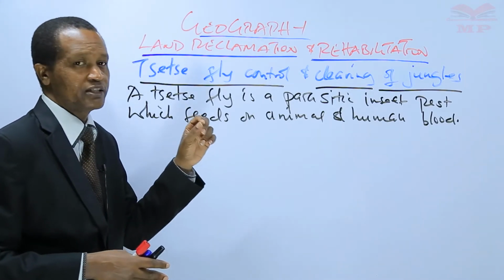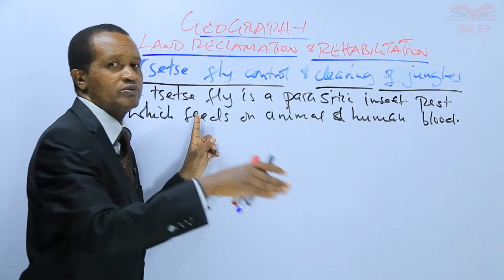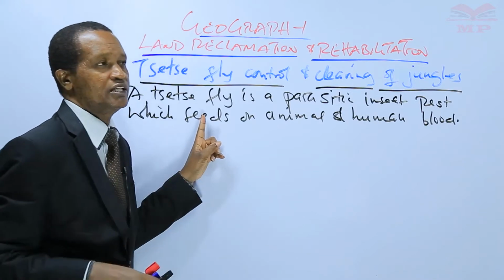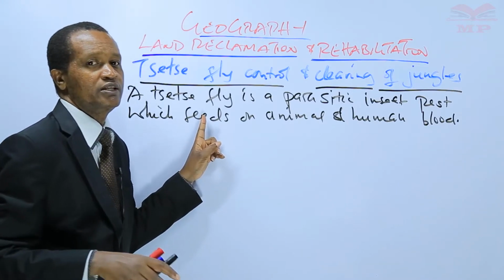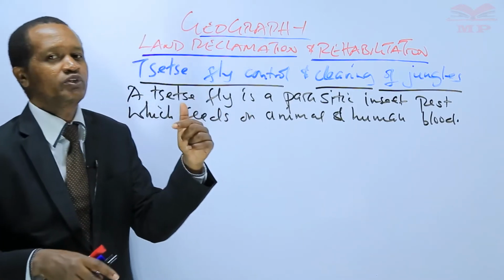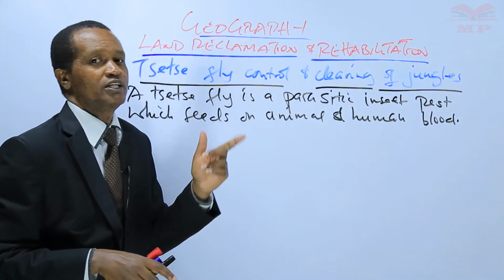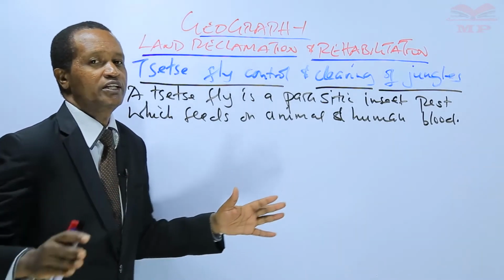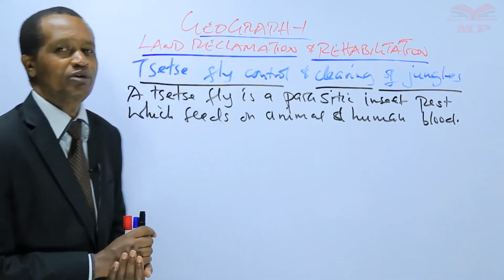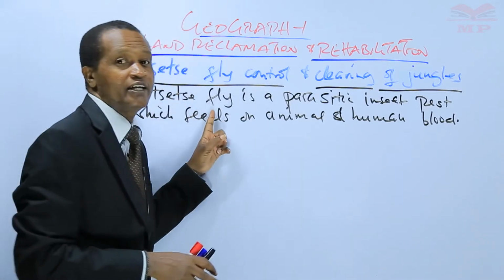And some years back, there was a project of controlling this insect in that region that was undertaken by ICIPE. ICIPE, learners, is an abbreviation for the International Centre of Insect Physiology and Ecology. And they went to an extent of establishing a research center in Mbita, in Homa Bay County, whose main focus was the control of the tsetse fly.